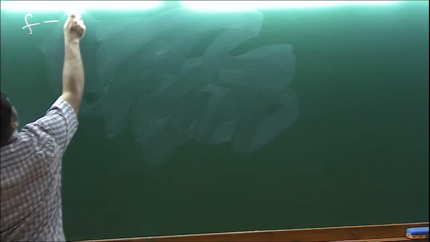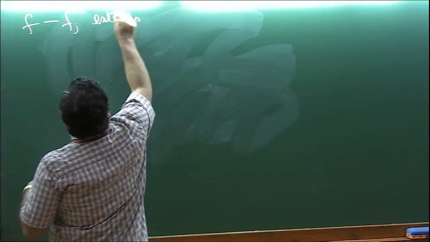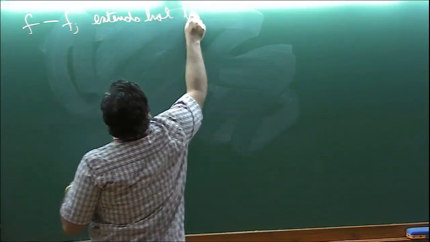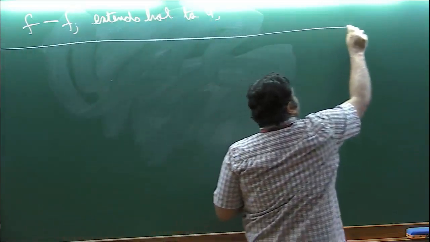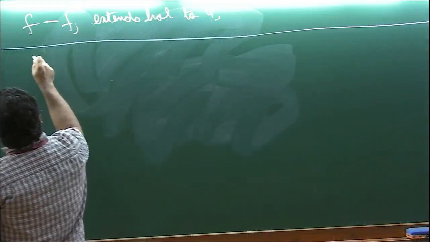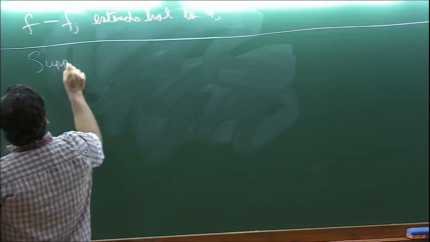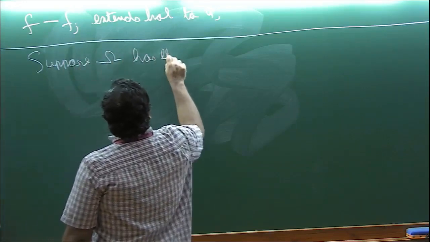So find f such that f minus f_j extends holomorphically to the point a_j. So now I have the following. Suppose omega has the following property.